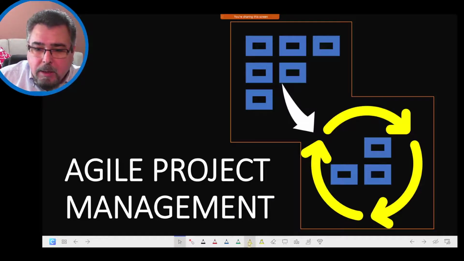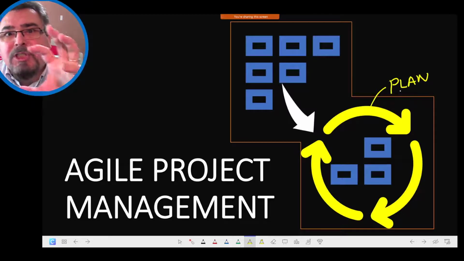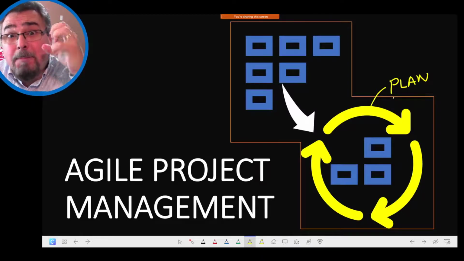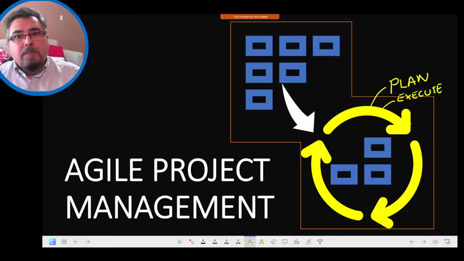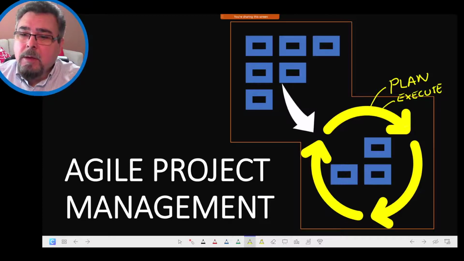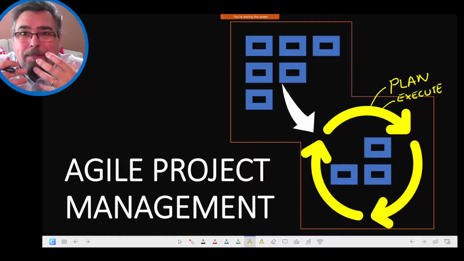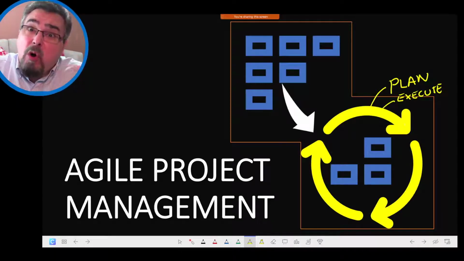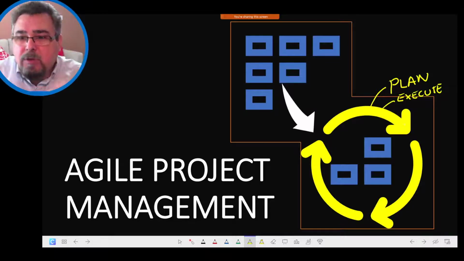But we do the planning just for some work packages. We prepare the plan just for some work packages, and we only execute that group of work packages. So we don't plan and execute for the whole project, just for a piece of work or some components of the project.